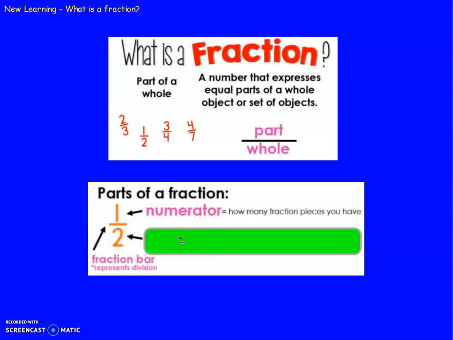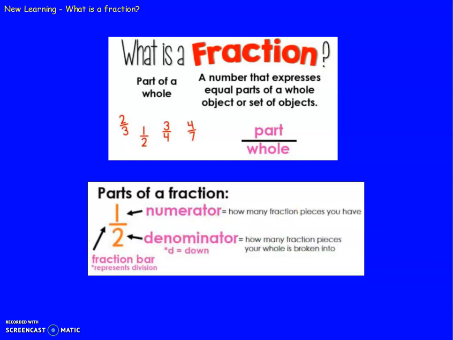The bottom of the fraction is called the denominator. An easy way to remember this is that it begins with D, and D stands for down. So if you remember that, you will always remember that the denominator is down from the numerator.